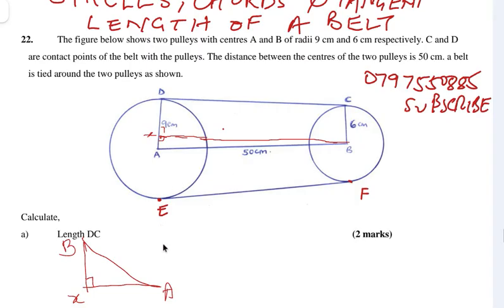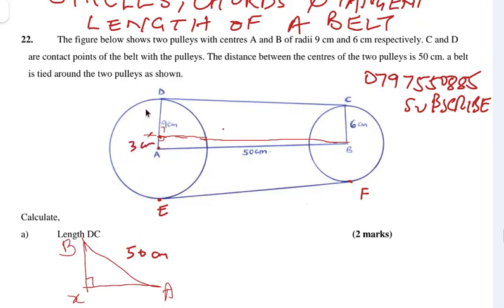Okay, so you know from A to B ni 50 cm. Na kutoka X paka A, kumbuka D paka A ni 9 cm, na hapa C paka B ni 6 cm. For you to get hii XA, wachukua tu 9 minus 6 ambao ni itakupa ngapi? 3 cm.